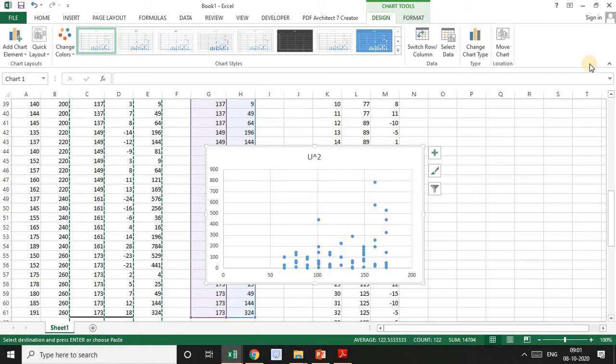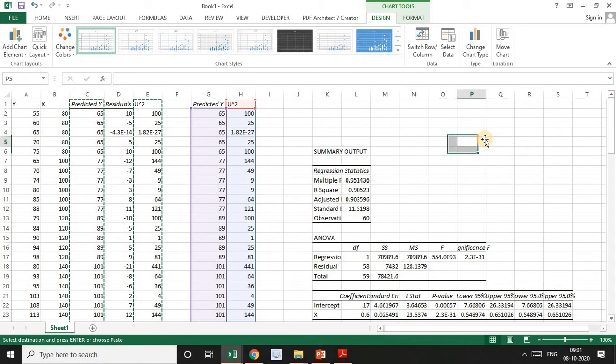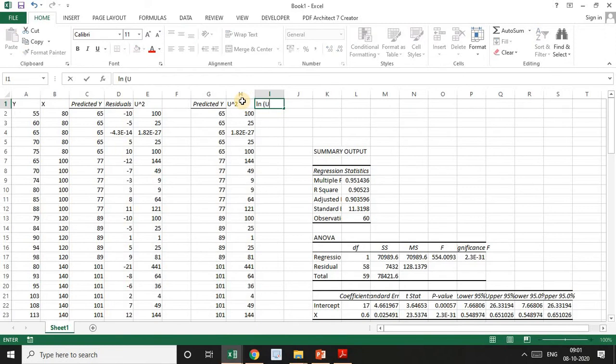Okay, similarly, when you come to the Park test, what did Park suggest? Park suggested you take this u cap square and convert it into ln u cap square.